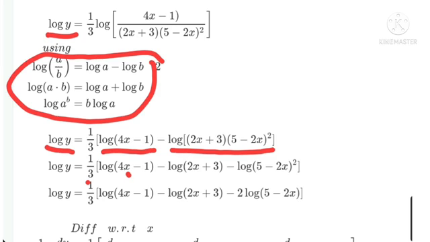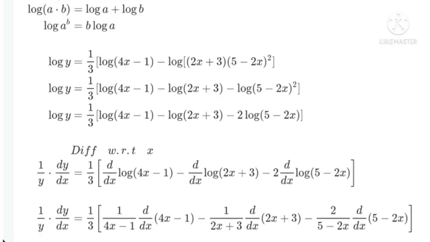Here log of m into n means log m plus log n, and due to the minus here it becomes minus. Understand both the steps. Here we use log m minus log n, and here log m plus log n. So in the final step we get log y is equal to 1/3 [log (4x - 1) minus log (2x + 3) minus 2 log (5 - 2x)].